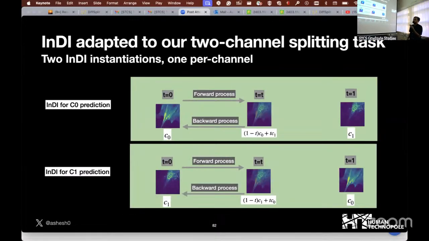And since we have two targets, we now have two INDIs, one for each channel. And we do the same process. We mix the two target distributions with this random value between 0 and 1, and then the network is trained to predict one of the channels.